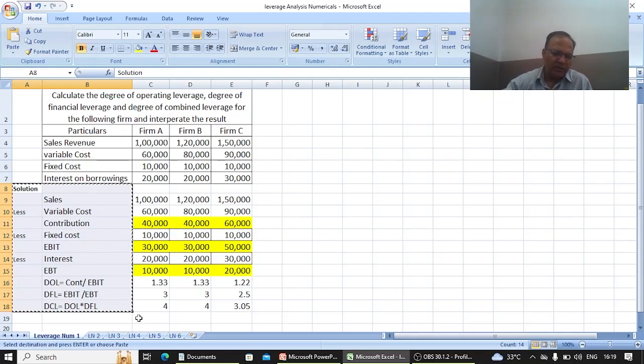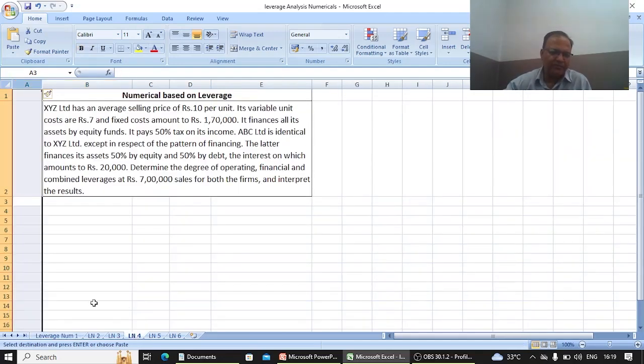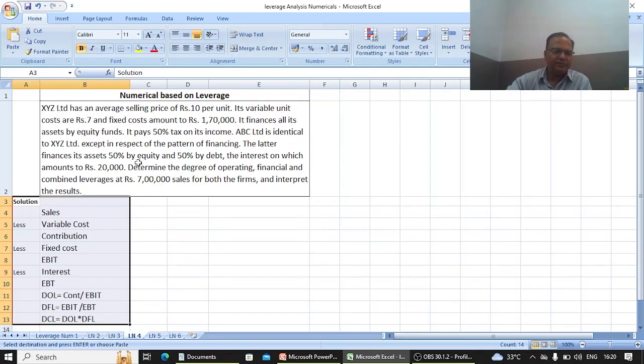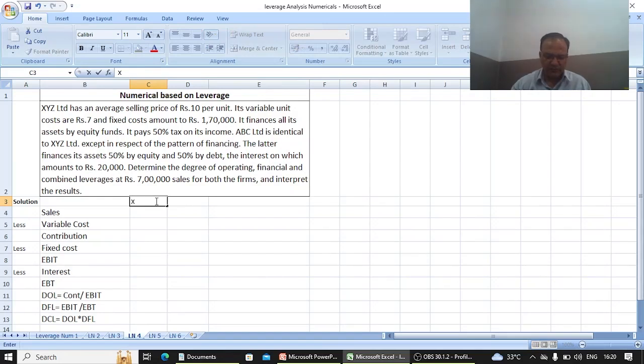So I save it. This is the format. Now there are two firms, ABC Limited and XYZ Limited.